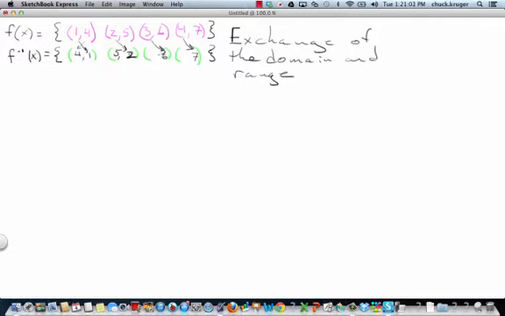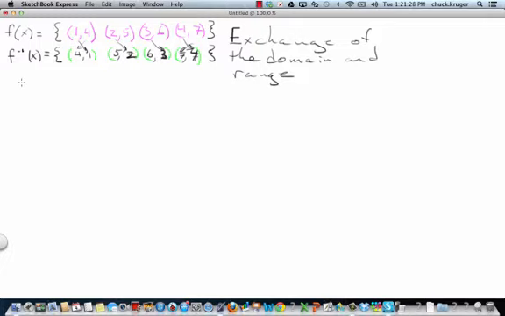This should be a 3, and this x value will be a 6. Likewise, this should be a 4, and this x value should be a 7. So my ordered pairs become 4, 1, 5, 2, 6, 3, and 7, 4, which is just the reversal of these coordinates up here. And so that's example 1.